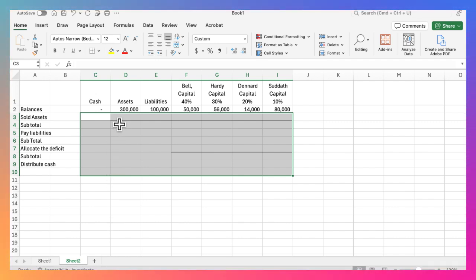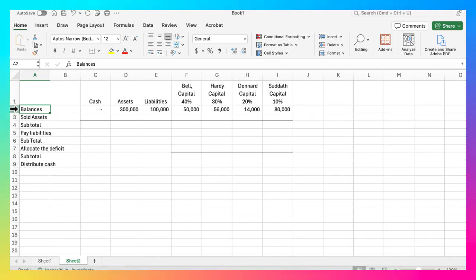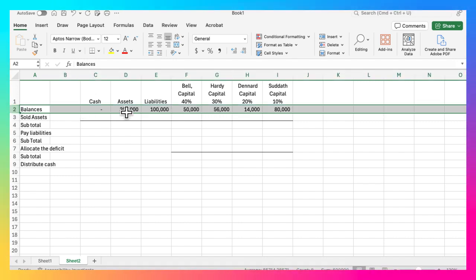The first thing I did was plug in my balances. They have $300,000 in assets, $100,000 in liabilities. I plugged in the capital accounts for Bell, Hardy, Denard, and Sadath.